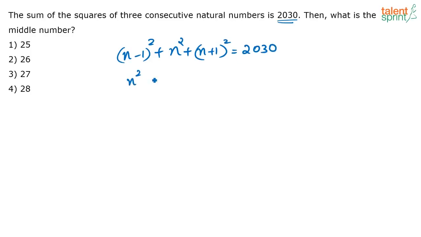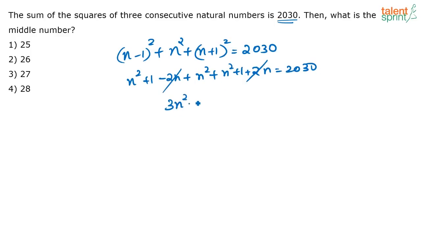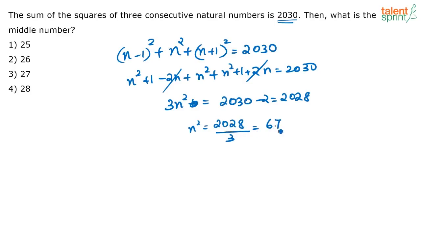Or if you solve this, you have n squared plus 1 minus 2n plus n squared plus n squared plus 1 plus 2n. That is equal to 2030. So 2n, 2n gets cancelled, or I have 3n squared plus 2 is equal to 2030, or I have n squared is equal to 2028 divided by 3, that is 676.